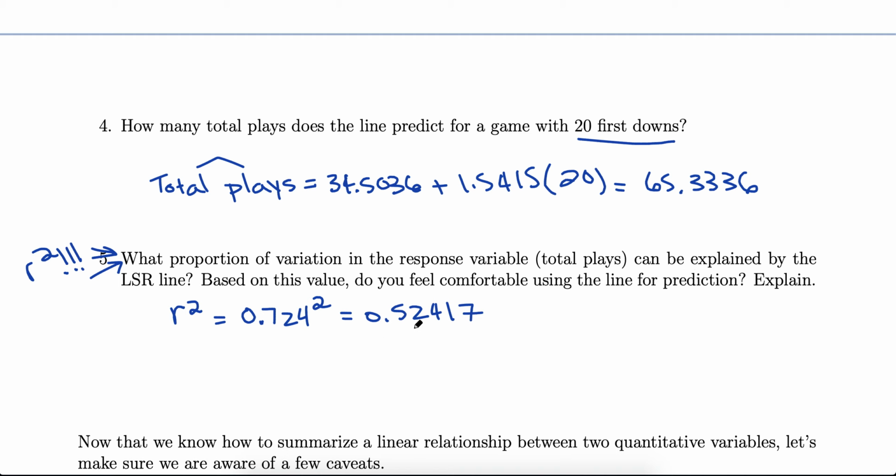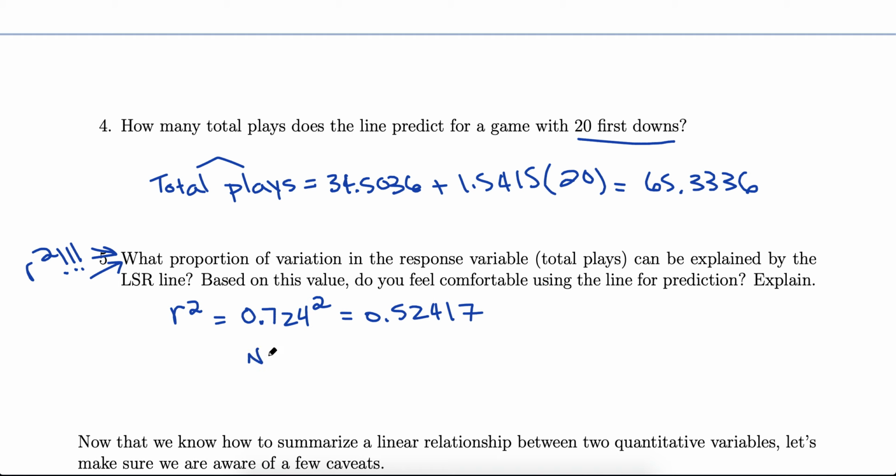It says, based on this, do you feel comfortable using the line for prediction? And I'm going to say no. This is kind of equally close to 0% and 100%. It's right in the middle. It's only saying about 50-ish% of the differences in total plays can be explained by first downs. So probably not enough. There's probably other variables that would be a better indicator of the total number of plays.